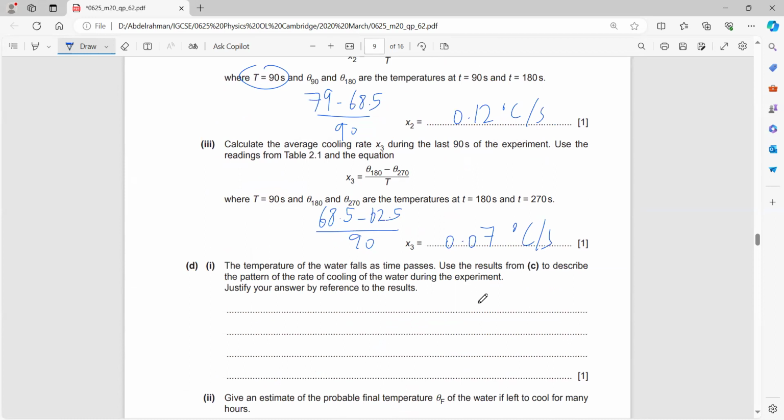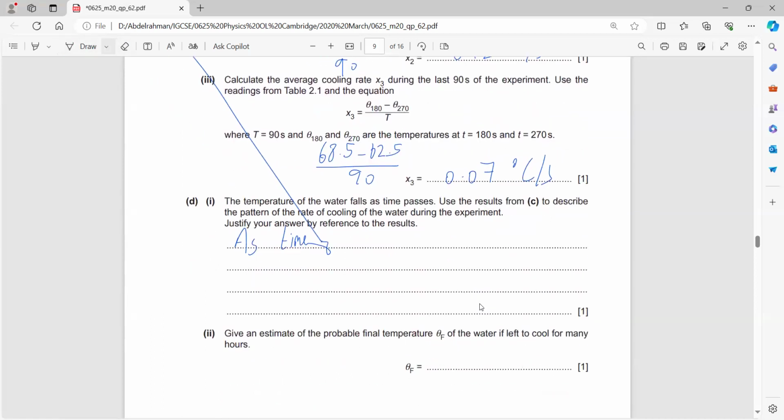Yeah, as time passes, let's write it down. I hate it when the pen does this. As time passes, the rate of cooling decreases.